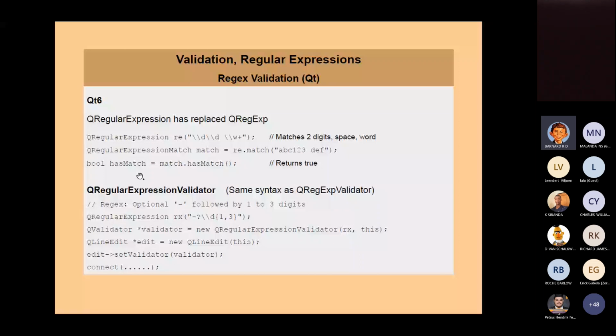And just to clarify, you don't have to use the name RE, although you will see that commonly used in the examples. You can use any name you like. You don't have to use the name match for your regular expression match. It might actually be confusing because there's a method with the same name. You can use any name you like there, and you don't have to use hasMatch there either.